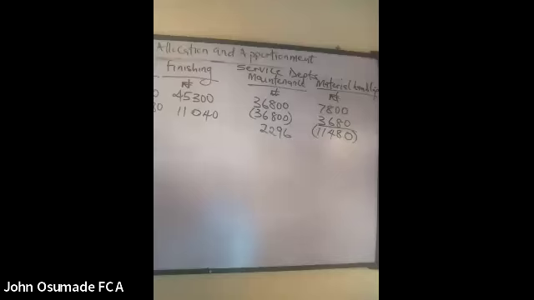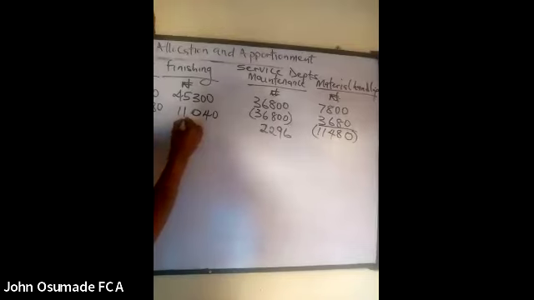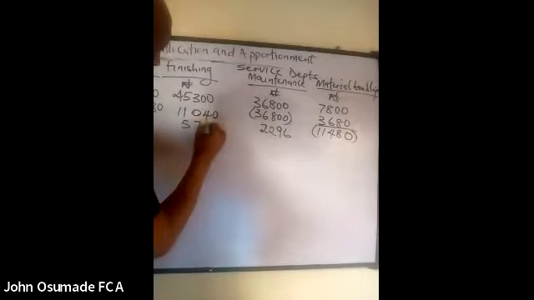Then 50%, which is finishing, should give me 11,480 divided by 2, which is 5,740.